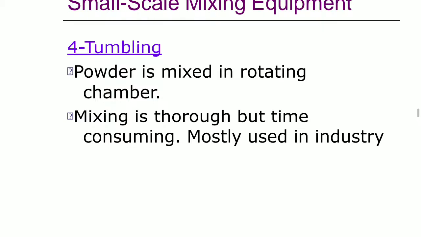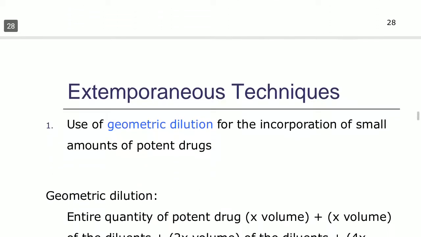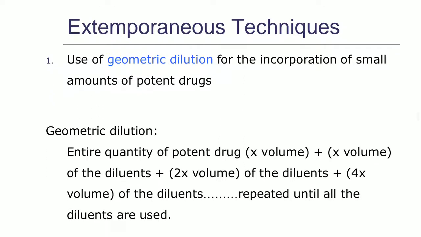Then the next one is extemporaneous techniques, which means geometric dilution. Use of geometric dilution is for the incorporation of small amounts of potent drugs. Geometric dilution is used when potent substances are to be mixed with a large amount of diluent.